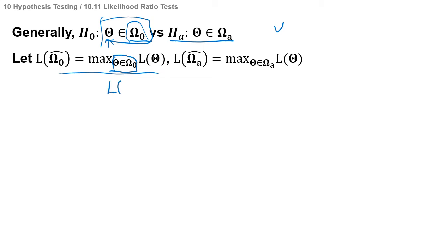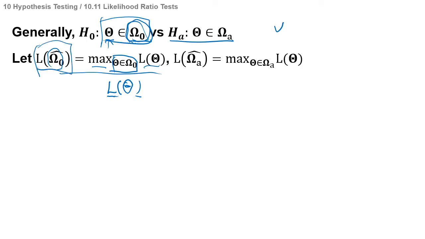The likelihood is a function of theta, and inside the null hypothesis space there should be a set of theta values that maximize that likelihood. Let's define that as the likelihood of omega 0 hat.